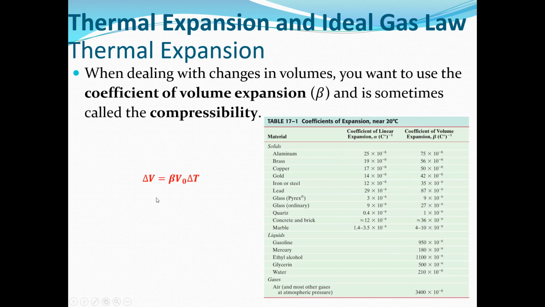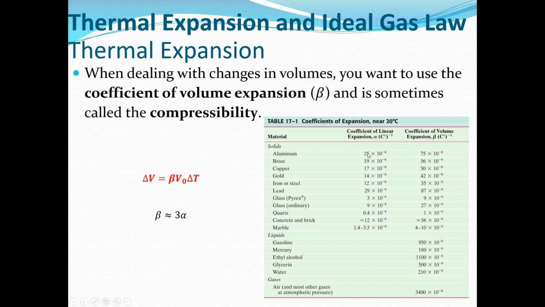Now, the equation ends up being pretty much the same thing, just replacing the linear lengths with the volume. But if you look at these numbers, there seems to be a weird relation: the volume expansion constant is about 3 times the linear expansion.